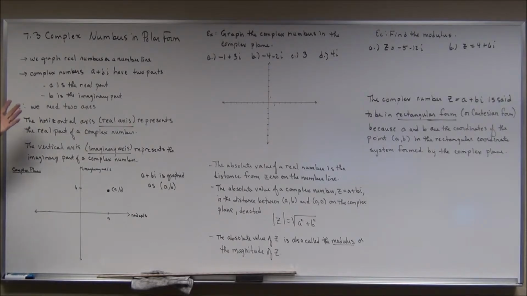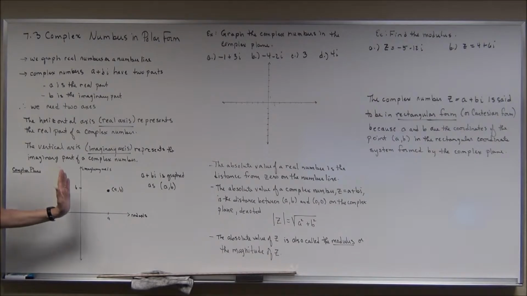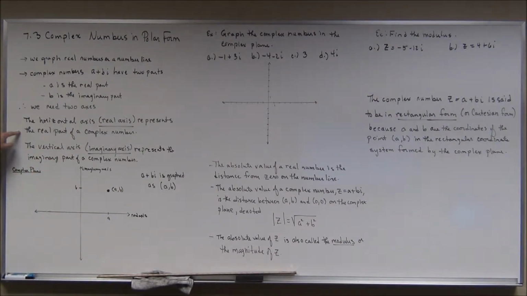So as you can see in the diagrams that I've already drawn here on the whiteboard, we're going to set them up kind of like the coordinate axes. But instead of having an x-axis and a y-axis, we're going to have a real axis and the imaginary axis. So the horizontal is going to be the real, the imaginary is going to be the vertical axis.